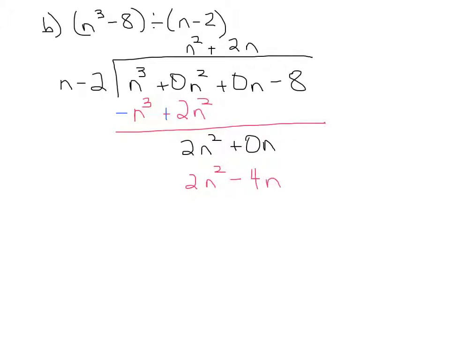And then we change the signs, and then we add, and our n squared terms go away, and we're left with 4n. So we repeat the process.